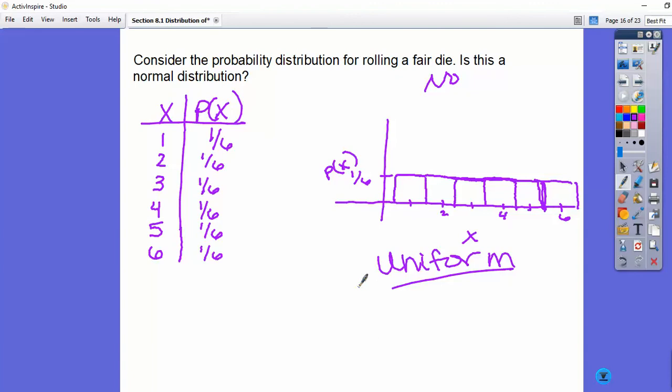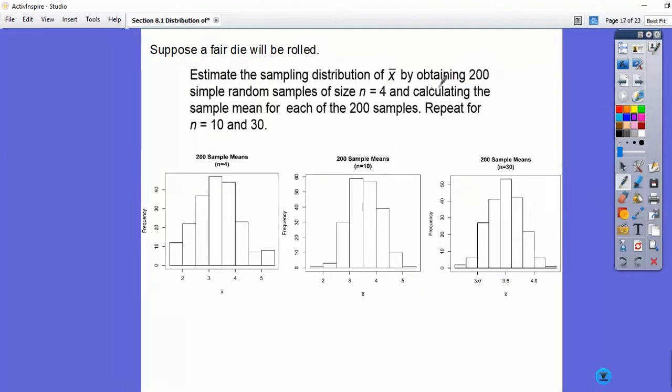However, let's say I wanted to roll the dice over and over again and calculate the sample mean. If I wanted to get 200 samples of size 4, in other words, I'm going to roll the dice 4 times, calculate the mean, then that's 1. And I do that 200 times, so I have 200 averages.